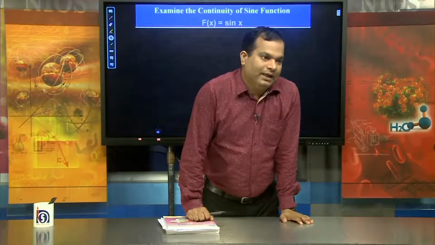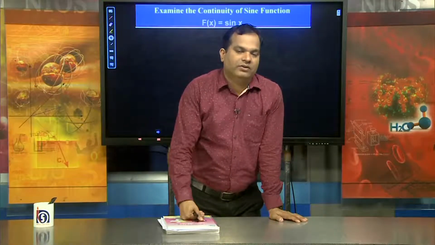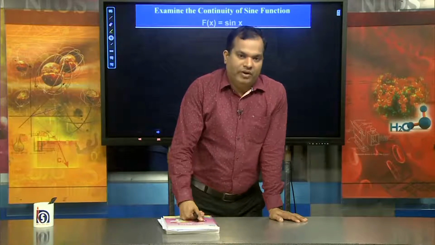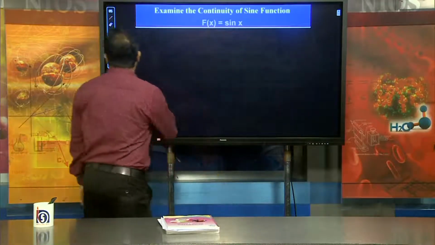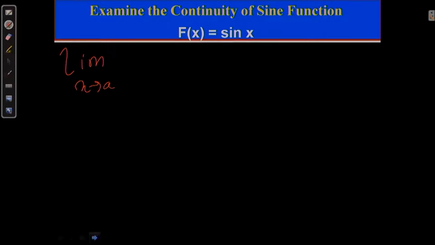So we know the domain of the trigonometric function, particularly the sine function. Suppose a is an arbitrary value in the domain. Suppose I would like to write limit x tends to a of sin x.